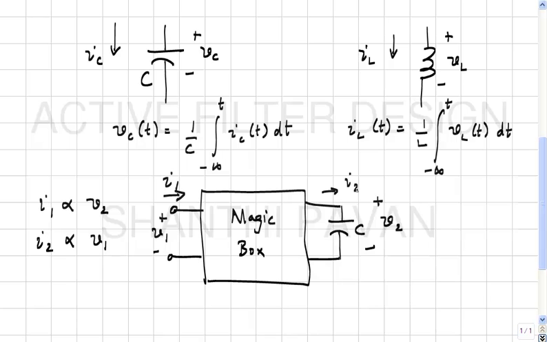But if the box does this, then we see that the voltage here V1 depends on I2, and the current I1 depends on V2. So, V1 by I1 depends on I2 by V2. What is I2 by V2? How is I2 related to V2?